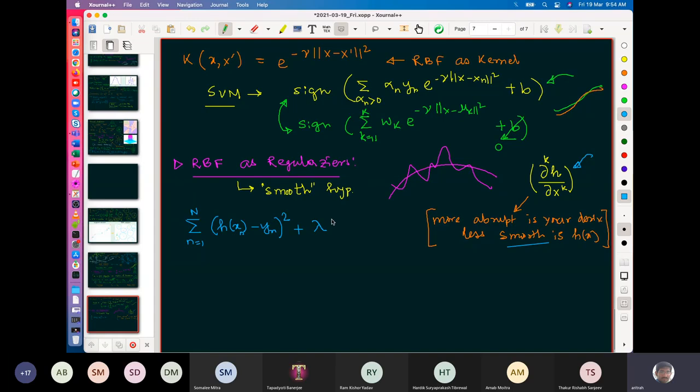So for the kth derivative of this h function, I will try to make the error or the abruptness squared, dx, from minus infinity to plus infinity, with some a_k as a parameter.